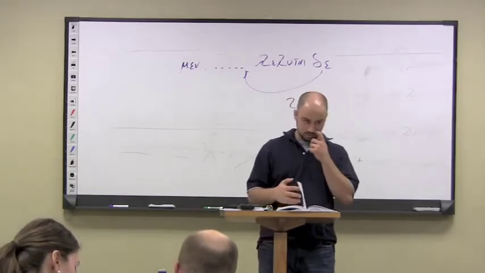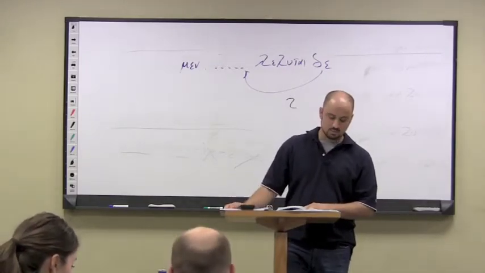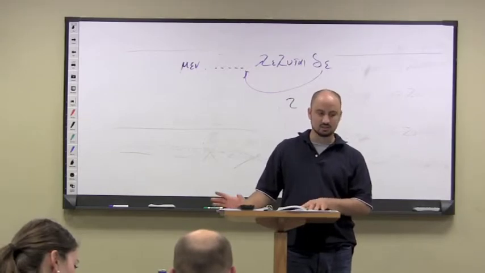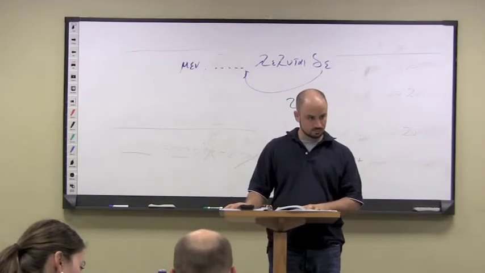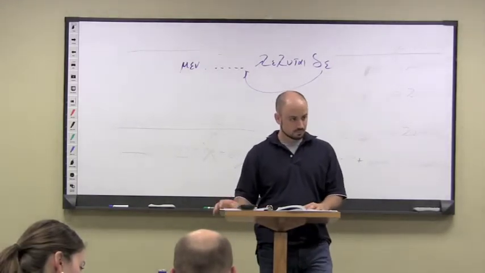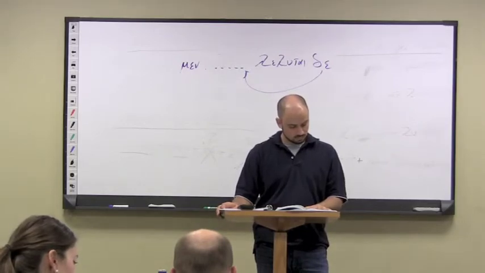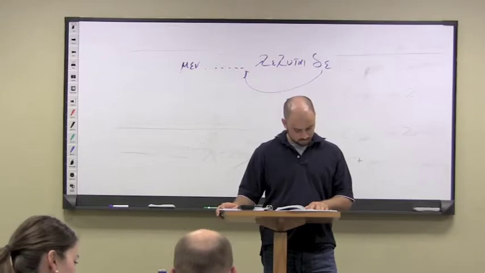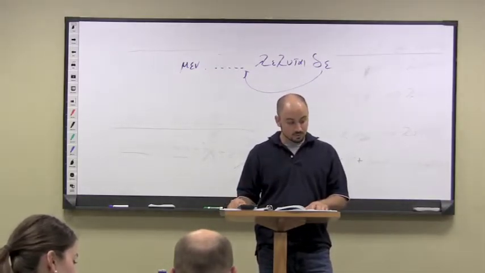And what does kathos mean? Just as. Good, just as. So for the Messiah rightly comes just as, and then this is the easier part. Just as this, the Holy Scriptures. All right, just as has been written about him.